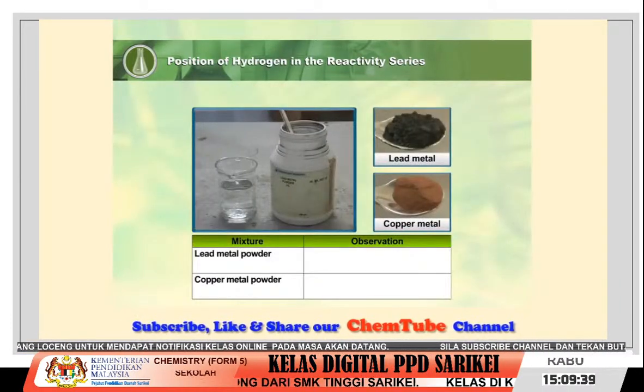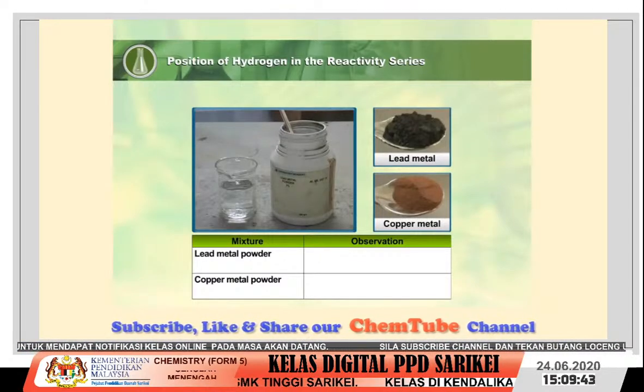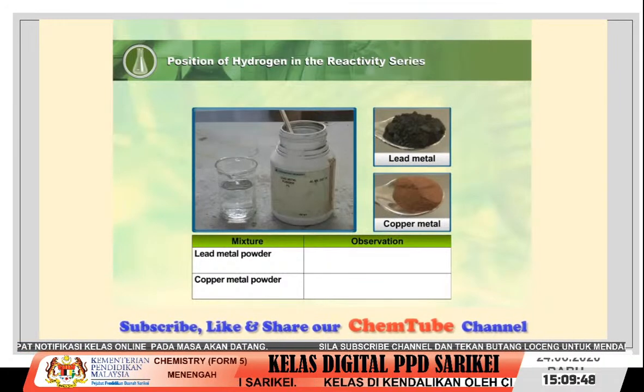Now that you know that carbon is placed between aluminium and zinc in the reactivity series, let's look at the position of hydrogen.